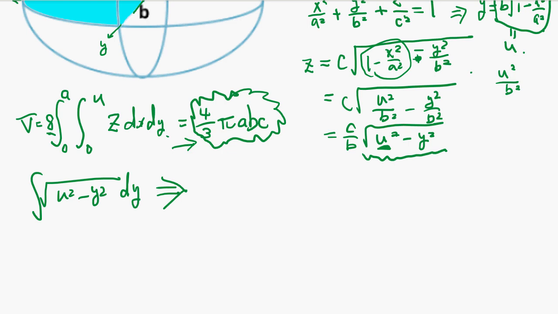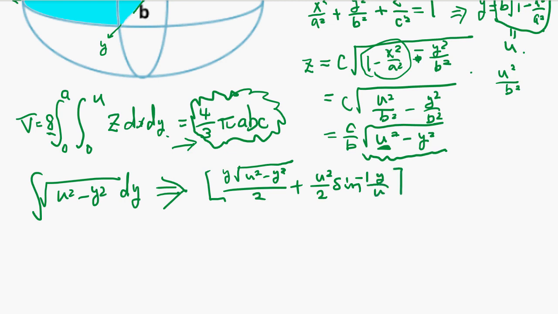The result is y times the square root of u squared minus y squared over 2, plus u squared over 2 times inverse sine of y over u. So this part you can cheat. Look up whatever. This integration can be done.